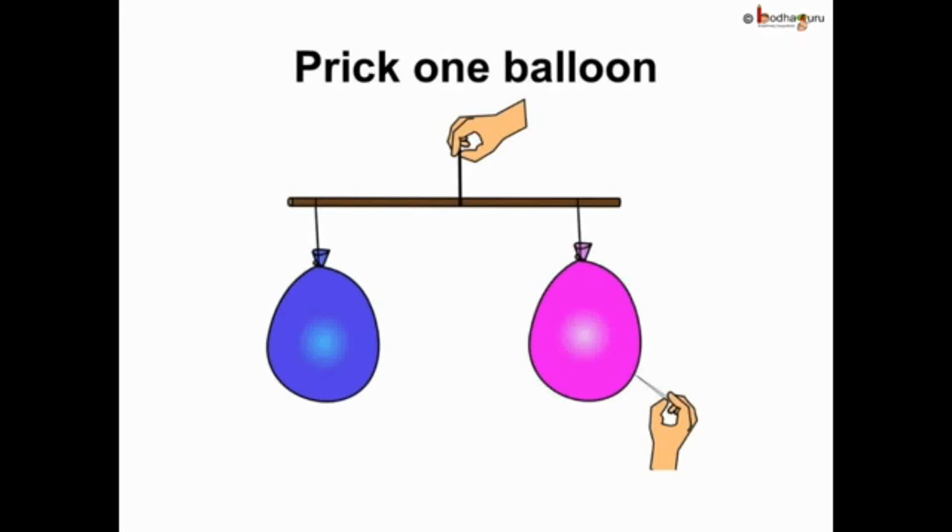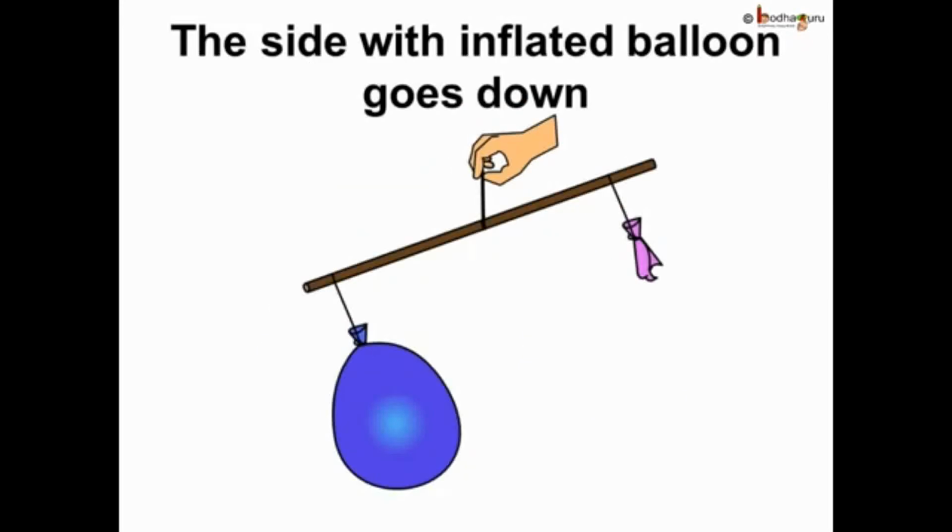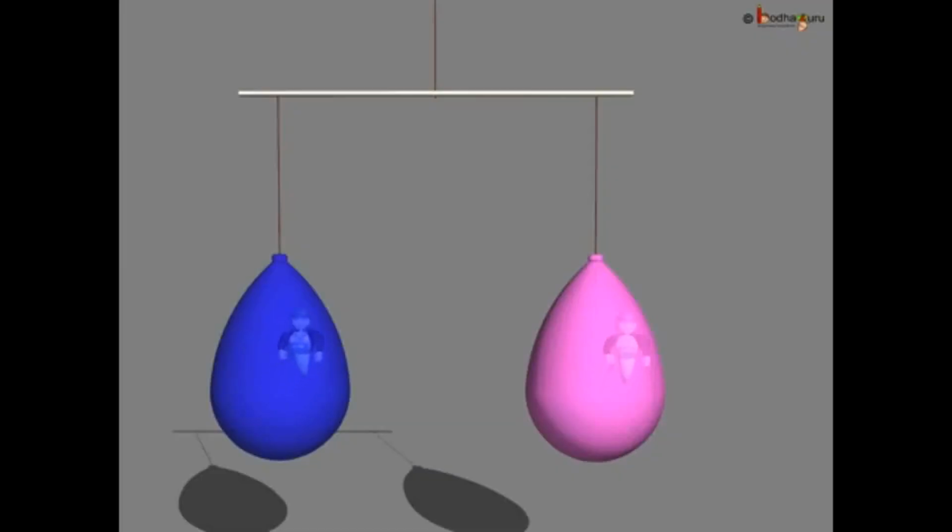Now prick one of the balloons, say the pink one, with a pin. The stick end with the inflated balloon goes down. Why is it so? Let us understand this. Look, who is there in the inflated balloon?